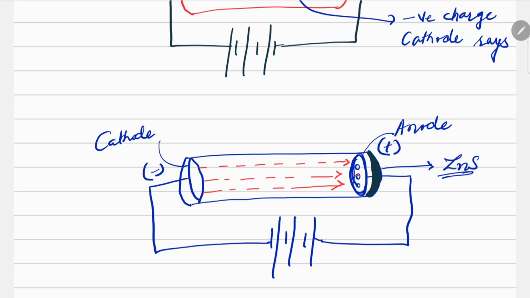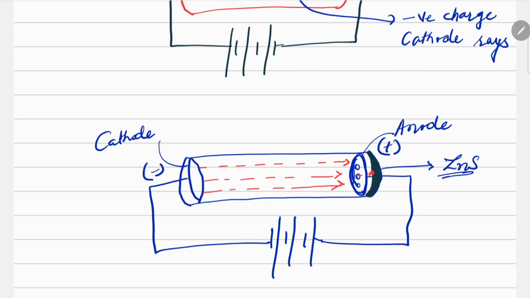Okay, now what is the effect of why he has used this zinc sulfide? Whenever these rays cross through these holes and strike the zinc sulfide, it actually glowed.